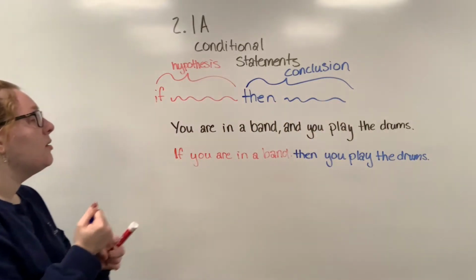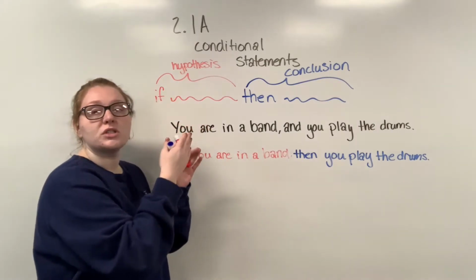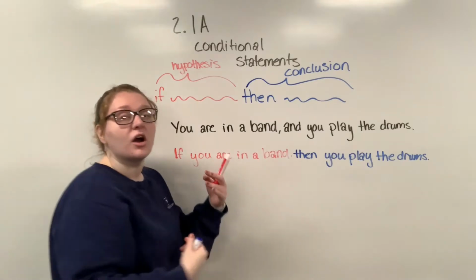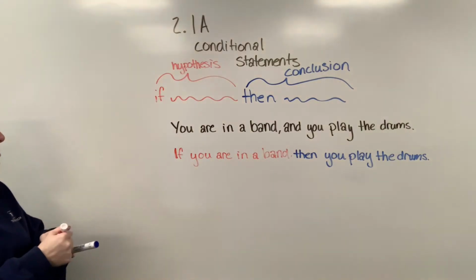Okay? But if our first piece of information was the conclusion, then that makes this piece of information, you play the drums, our hypothesis. So let's write that statement as well.